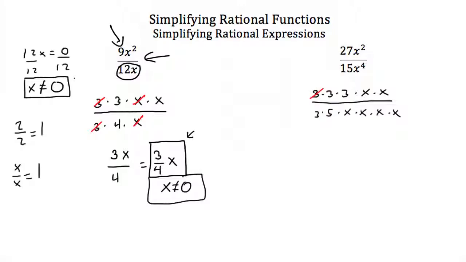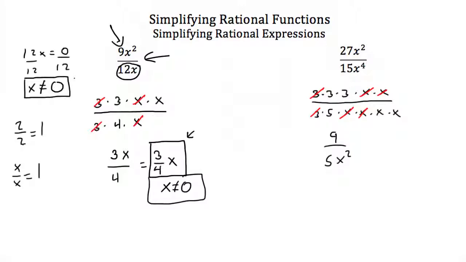Now these 3's will cancel, these x's will cancel, and these x's will cancel. And we're just left with 3 times 3, which is 9, and then 5 times x times x, or 5x squared. So this is my simplified rational expression.